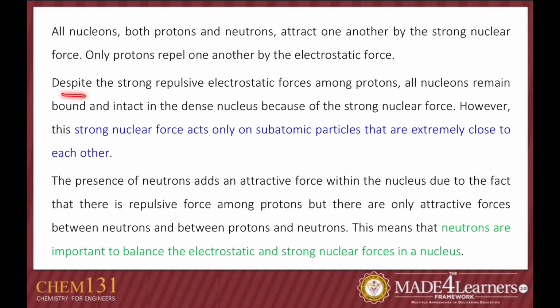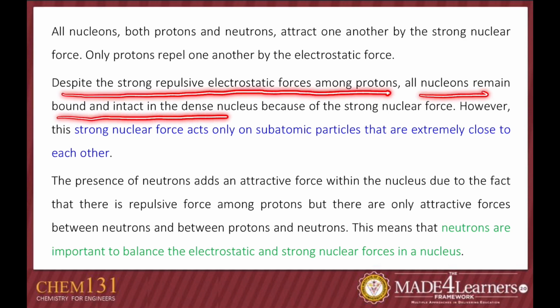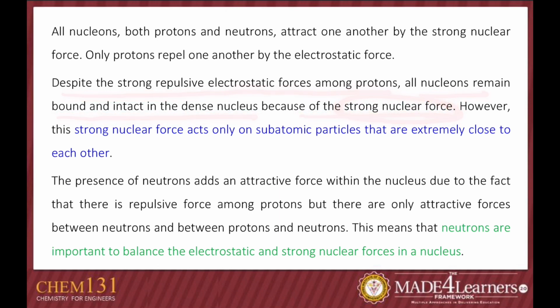Okay, despite the strong repulsive electrostatic forces among protons, despite the force that is trying to keep them apart, all nucleons remain bound and intact in the dense nucleus because of the strong nuclear force. Mudaog si nuclear force. That's why it's called strong force. Ba?